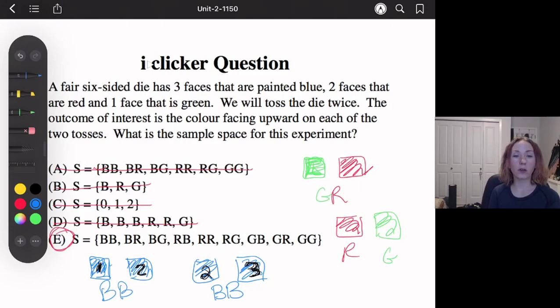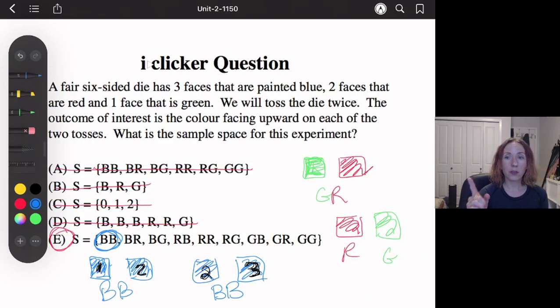So even though there are multiple faces that will lead to BB, it only appears the one time in my sample space. We only get a different outcome if we can actually tell the difference given what it is we are keeping track of. We can't tell the difference between 1, 2 blue and 2, 3 blue if the only thing we're keeping track of is the color when we go and narrate out the experiment.